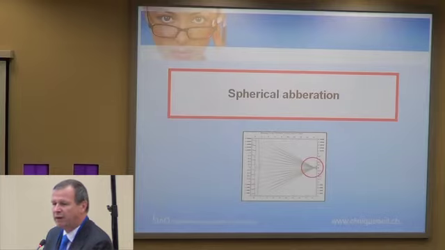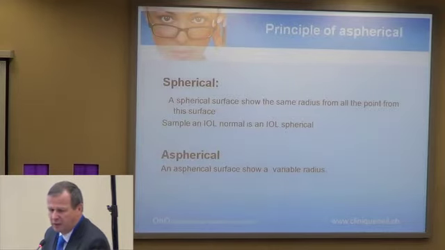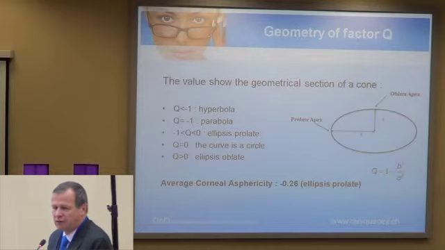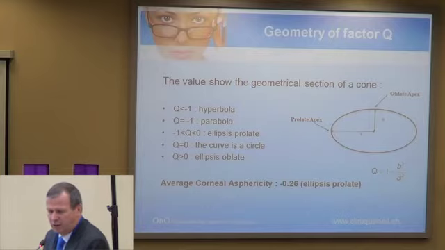First of all, the spherical aberration. You know that if you correct the spherical aberration, you will have better results. An aspherical surface shows a variable radius. If you just look at this geometry of the factor Q, you will be very smart for a lot of things.